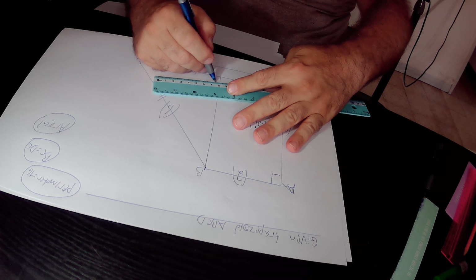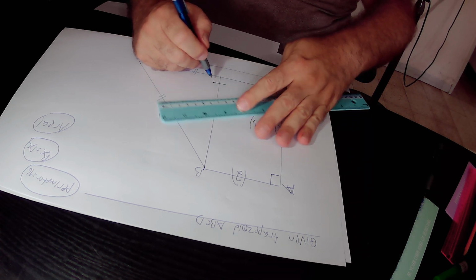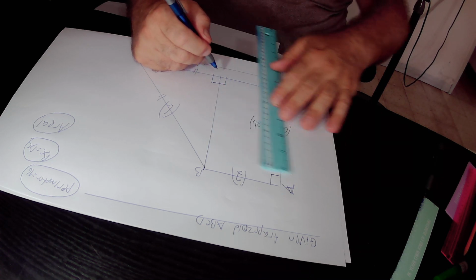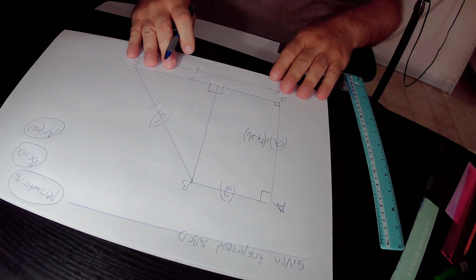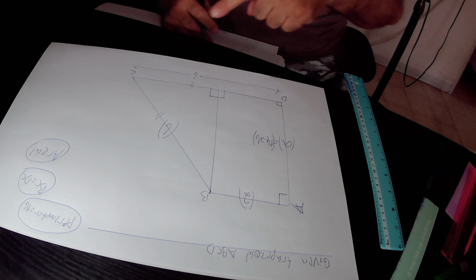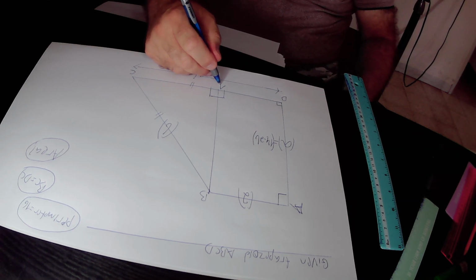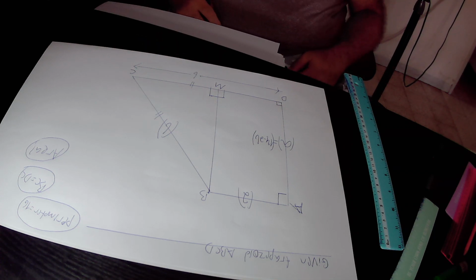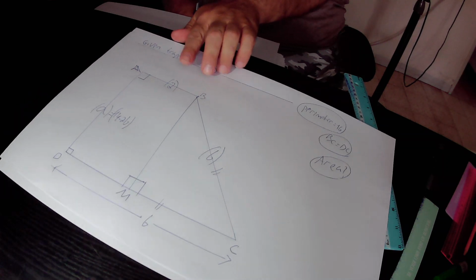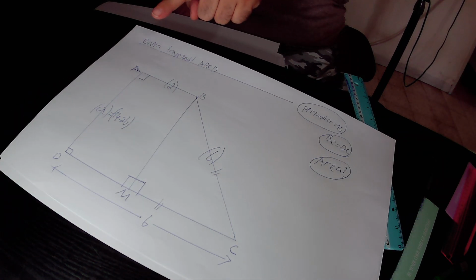So actually, this angle equals 90 degrees, and this angle also equals 90 degrees according to our construction. We define the touching point of the perpendicular from point B and DC as point M. By doing this construction, we get the quadrilateral ABMD.